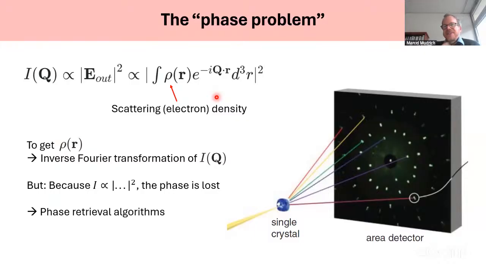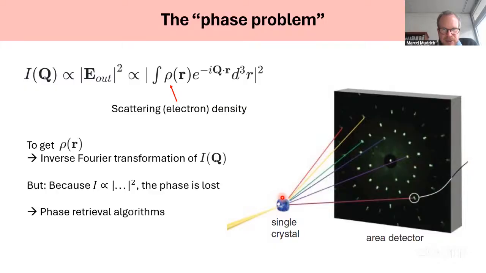But the main goal of X-ray diffraction is, of course, it's nice to measure all these sharp peaks on the screen, but what you actually want to do is to back transform from the intensity distribution into the real space distribution of the scattering density, because the scattering density is nothing else than the electron distribution, and that gives you the crystal structure, right?